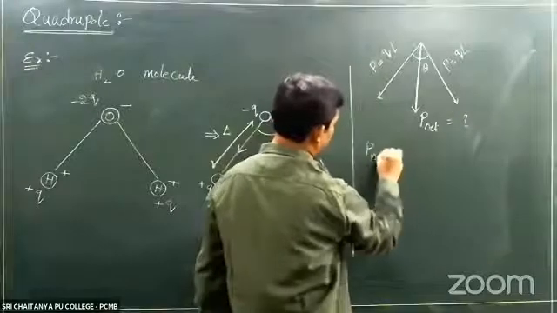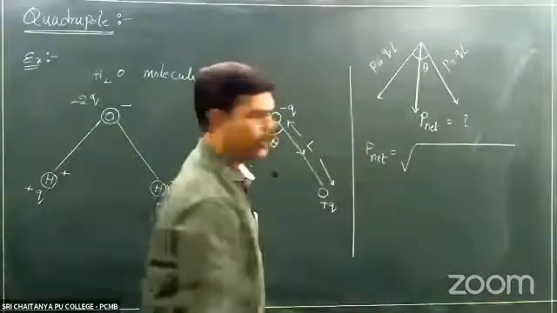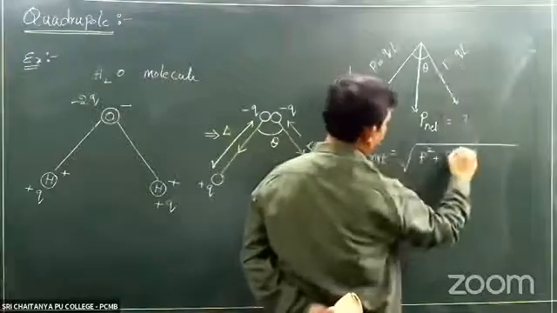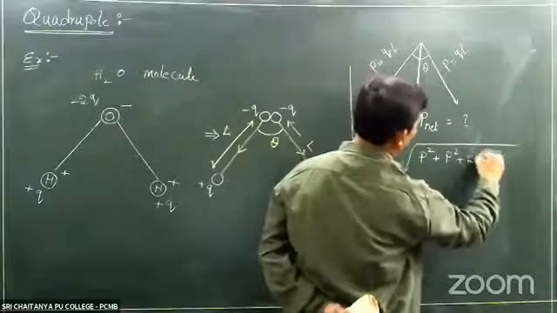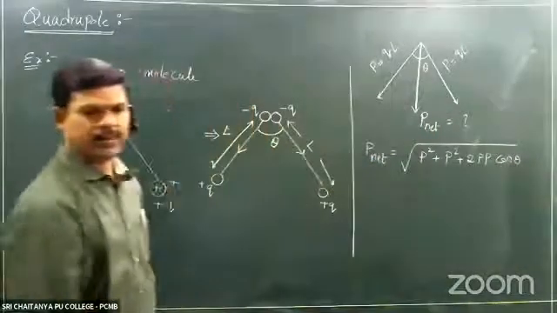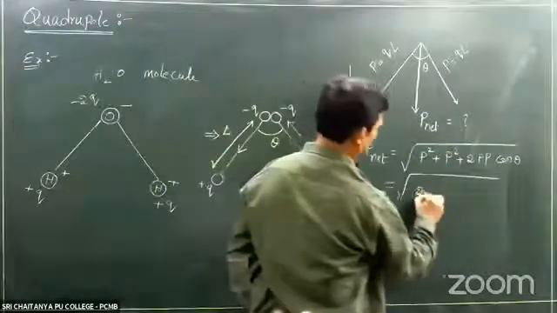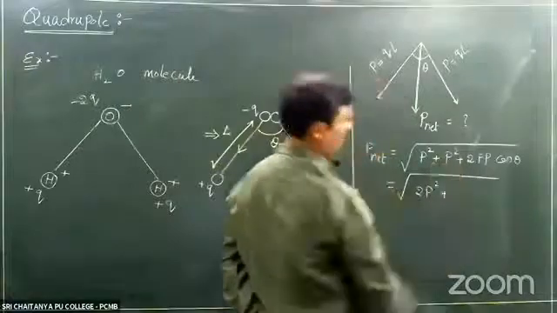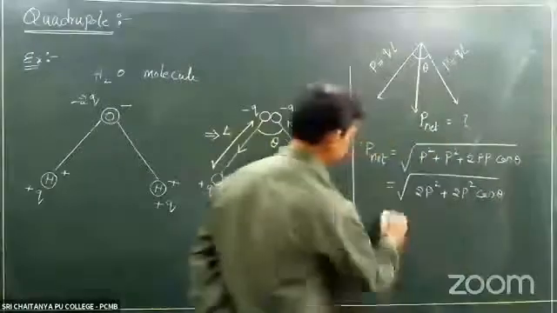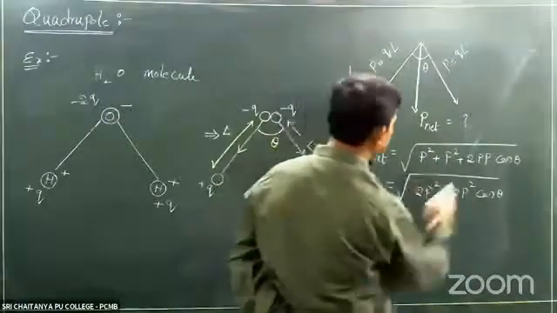Then what is P net? Root over P square plus P square plus 2P into P cos theta. We have a formula. This is 2P square plus 2P square cos theta. Take here, which is common?